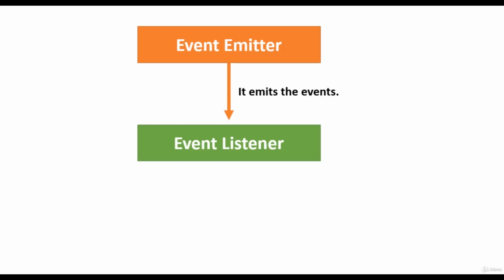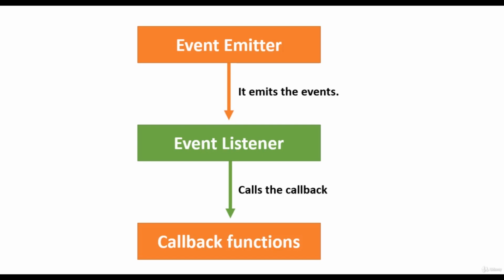Event listeners are something that the developer writes, and we are also going to write them in this video. So event emitter objects emit the event, and the event listener listens to that event, and after that it calls the callbacks for that specific event listener. So this is the simple and very helpful architecture that we are going to use in this video.